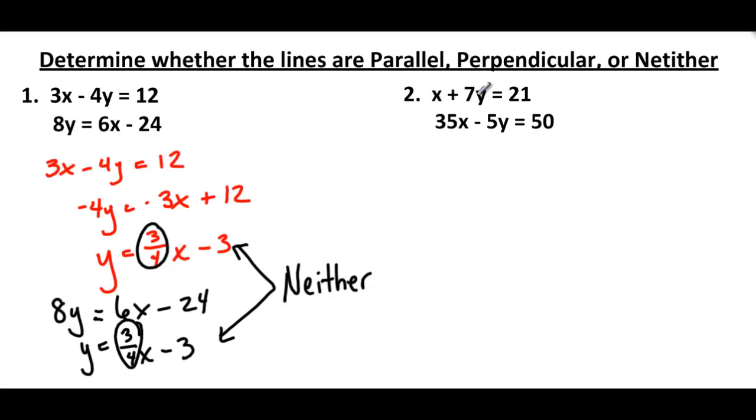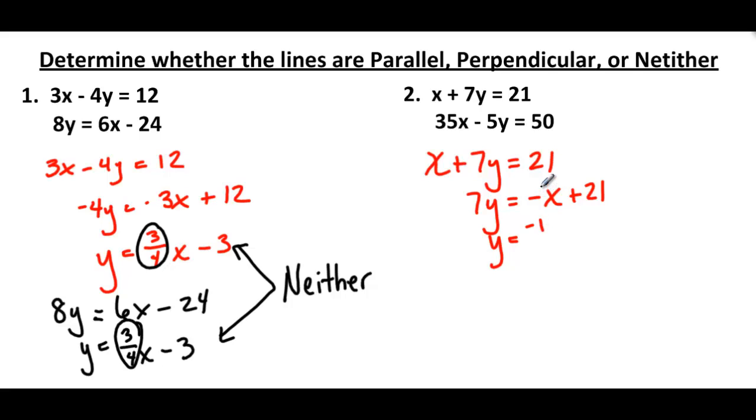If I look at example number 2, I have x plus 7y equals 21. Again, what I'm going to do is put it in the slope-intercept form because that's the easiest. I'm going to subtract x from both sides. And then I'm going to divide both sides by 7, which gives me, remember this is a negative 1, negative 1/7 x plus 3.